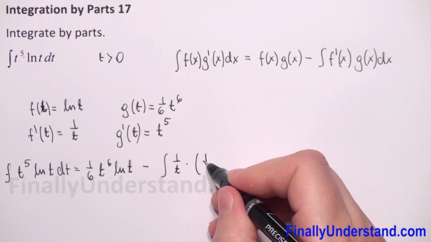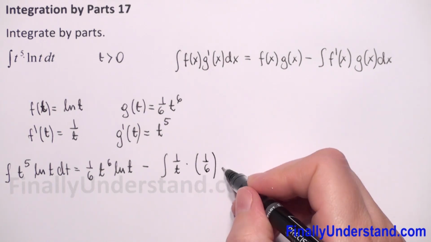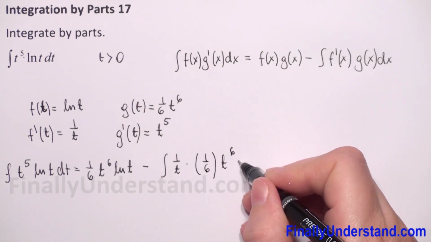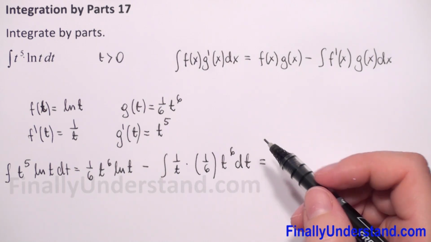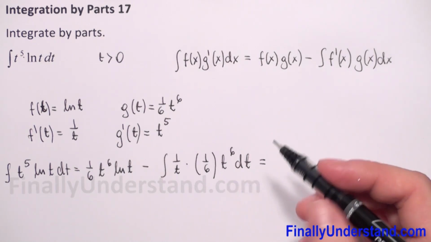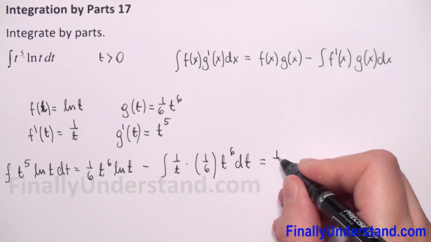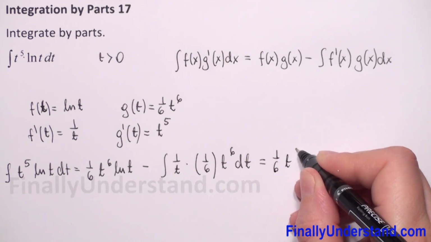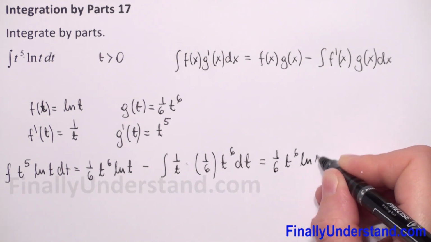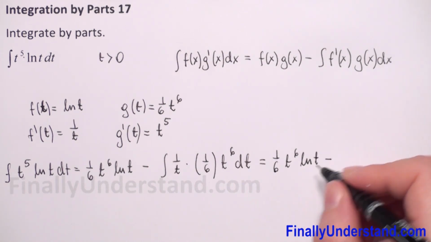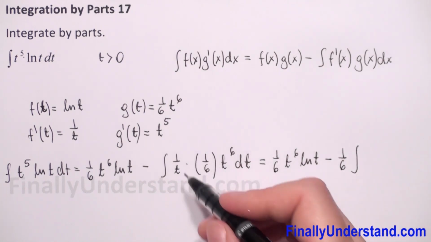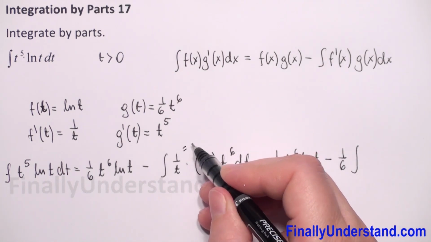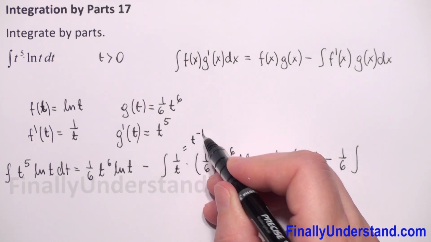G is equal to 1 over 6 t to power 6 with respect to t. So this is equal to, we can copy the beginning, 1 over 6 t to power 6 natural logarithm of t, and we have minus, the constant we can take before the integral, and 1 over t is equal to t to power negative 1.